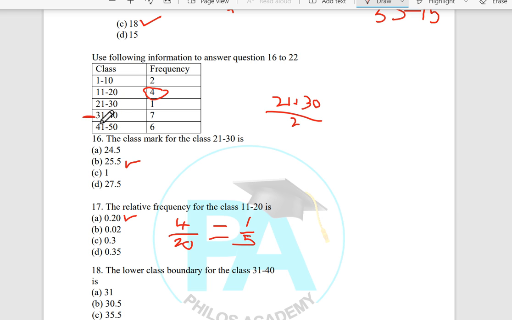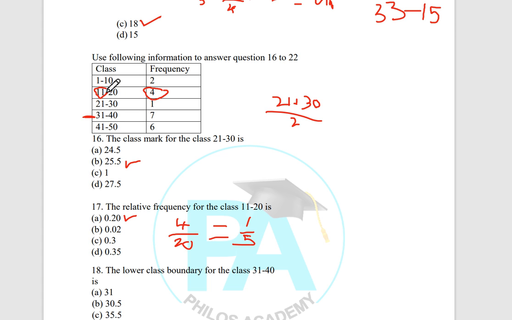Take the lower class of the second row, then the upper class of the previous row. What's the difference between them? You subtract them: 11 minus 10 gives you 1. The result divided by 2, you get 0.5.